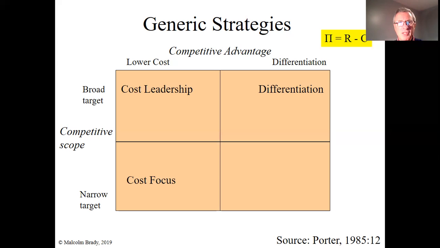If you're identifying yourself as cost leader but for a narrow market, you're looking at cost focus. And if you're looking at differentiation with a narrow market, he labels it differentiation focus. But you can see it still comes from cost leadership and differentiation, it just depends on the size of the market you're aiming at. So there are his four original generic strategies.